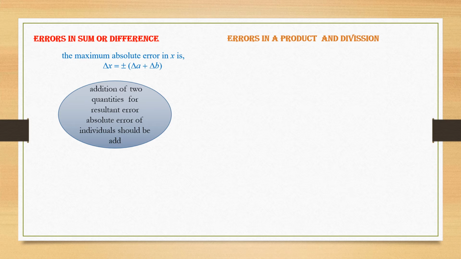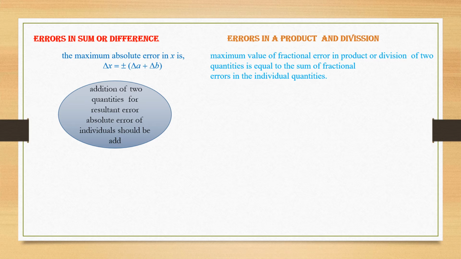For example, if two quantities are to be added, what we do for the error is just add those absolute errors. That gives the resultant error in the sum or difference.